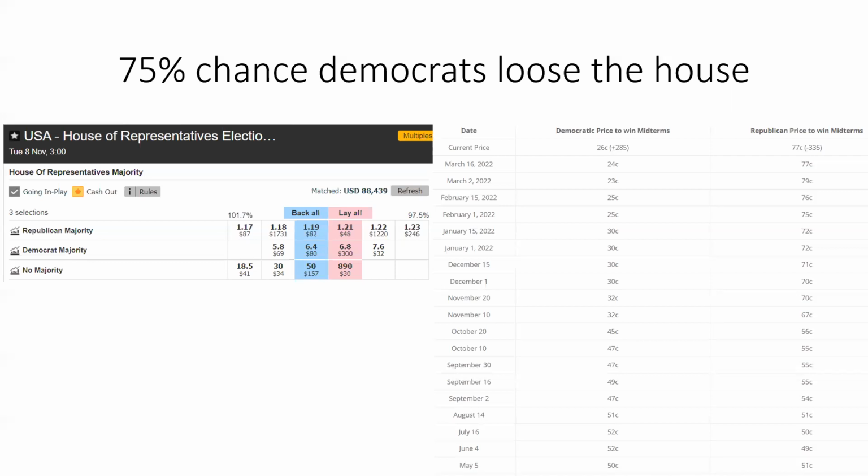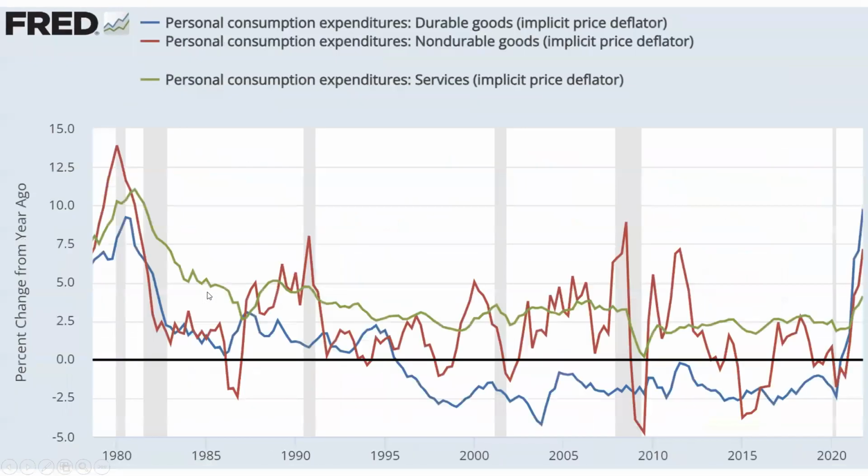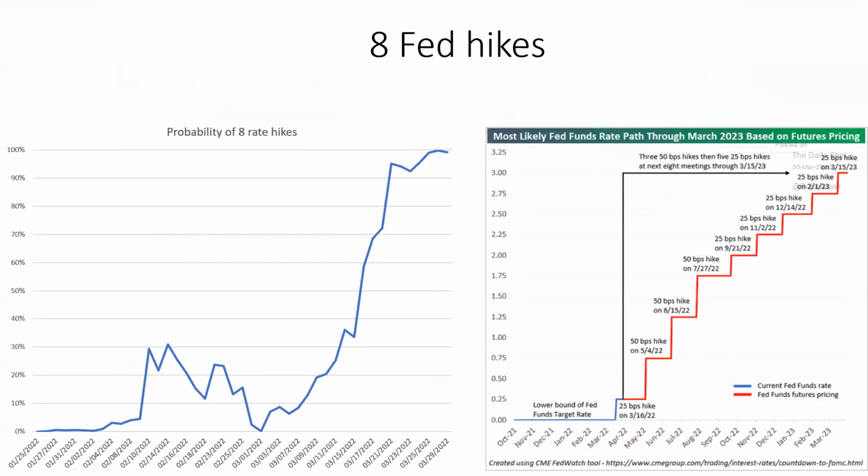One of the interesting things is that Powell was renominated in February, around the 20th of February, but was only confirmed about a week ago as chair. In between that, if you look at the probability of increasing the Fed rate hikes, that's really when the increase happened.